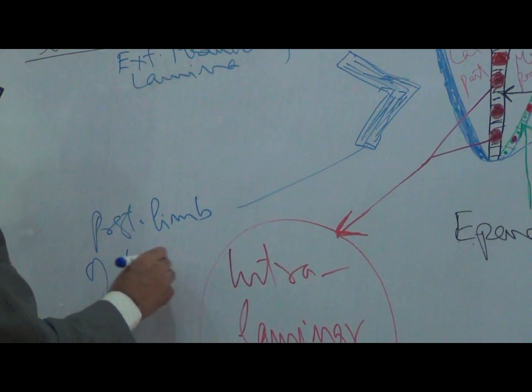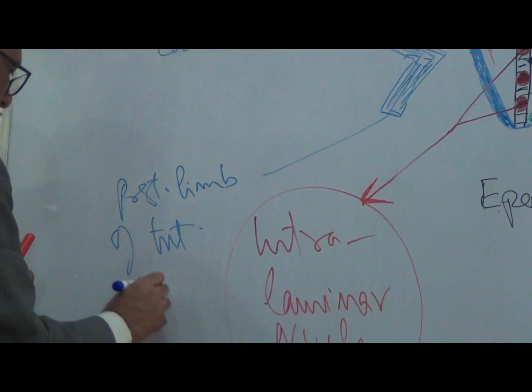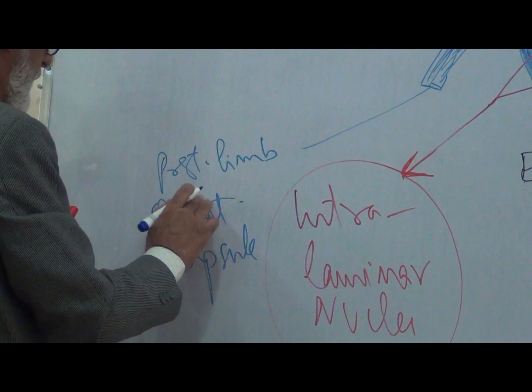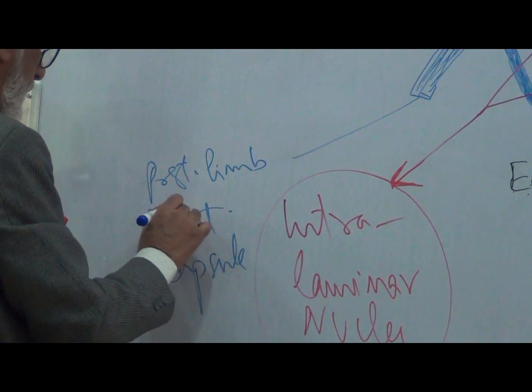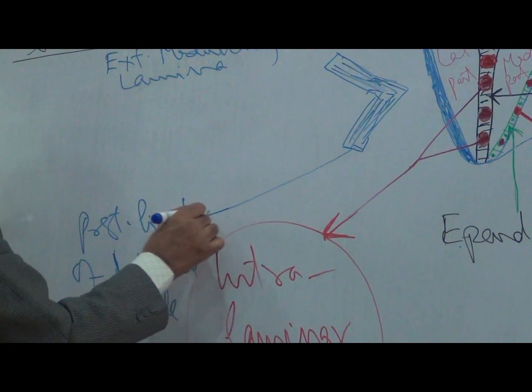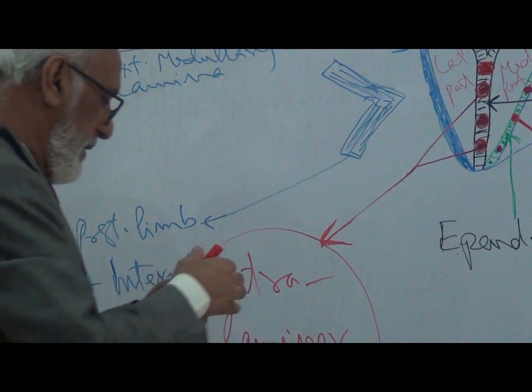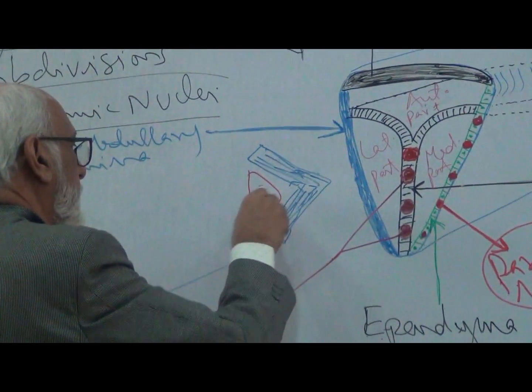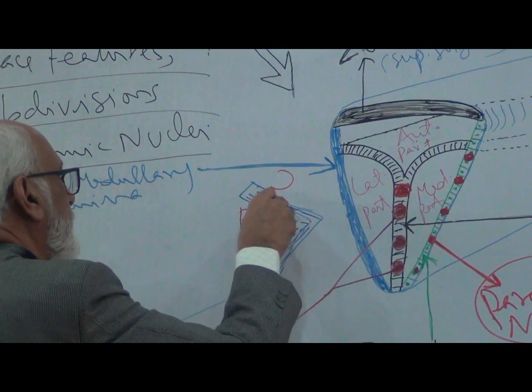Here is the lentiform nucleus. Here is the caudate nucleus.